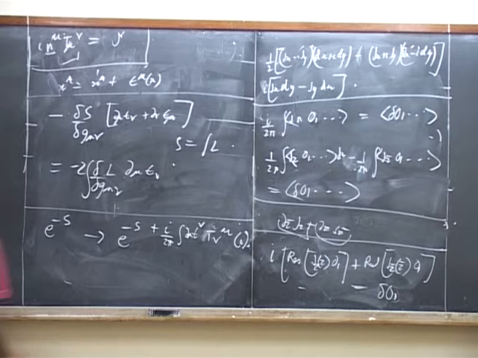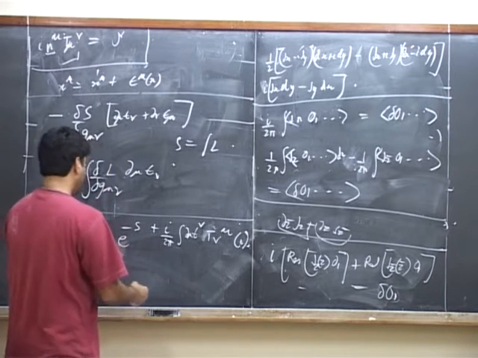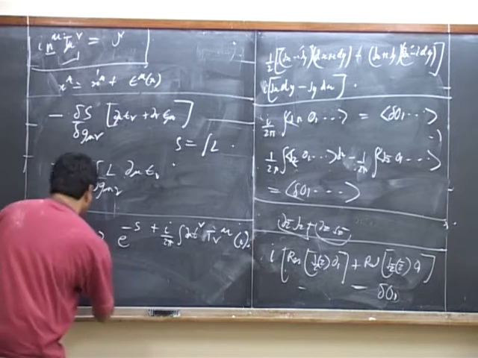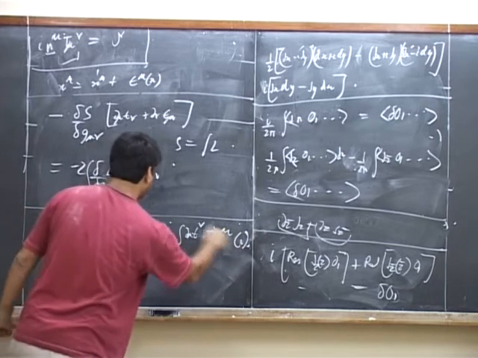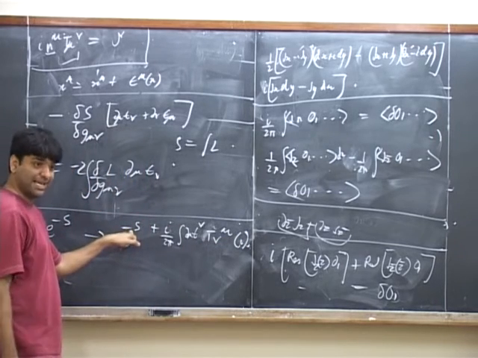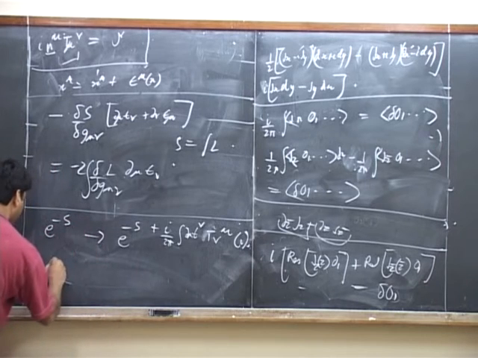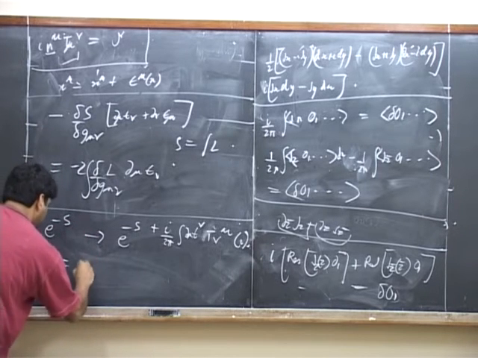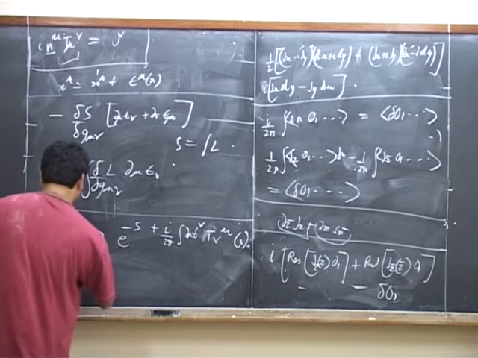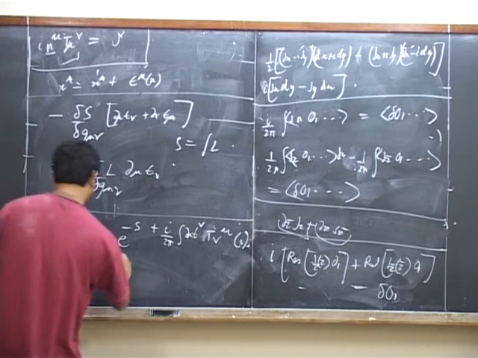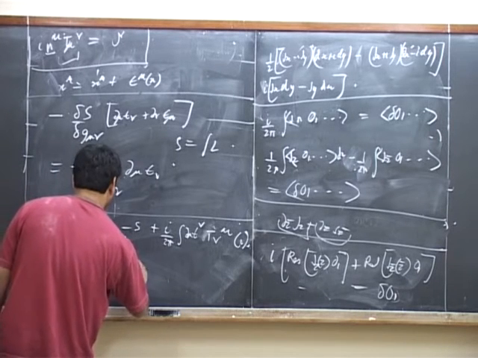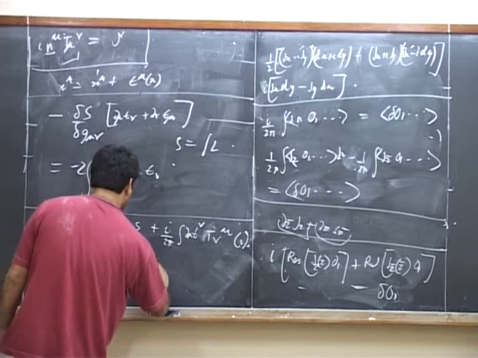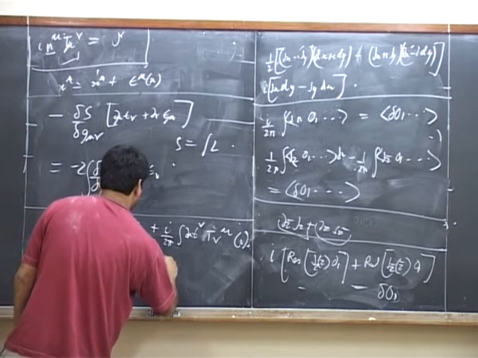Right? Okay. Now let's take the minus sign out overall. So i times i is minus. There's a minus in the S. So this is a delta S, which is equal to plus 1 by 2 pi del mu epsilon nu times T nu mu.